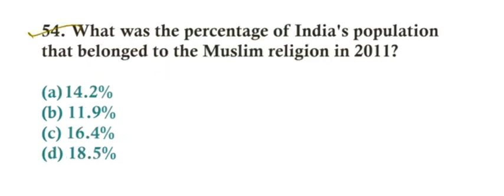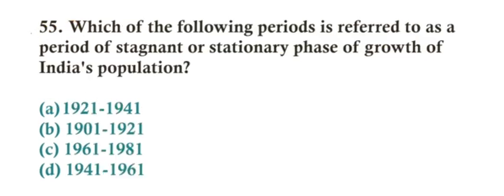54. What was the percentage of India's population that belonged to the Muslim religion in 2011? Option number A, 14.2%. 55. Which of the following periods is referred to as a period of stagnant or stationary phase of growth of India's population?